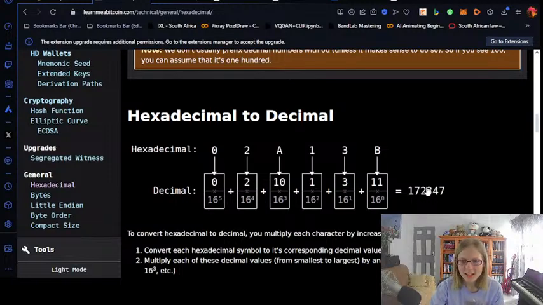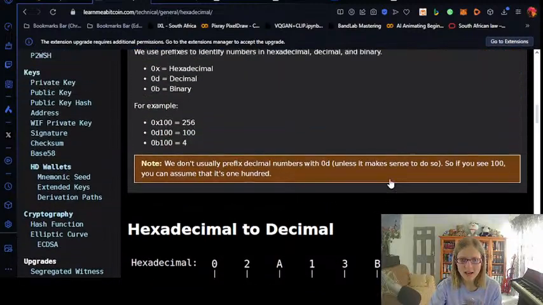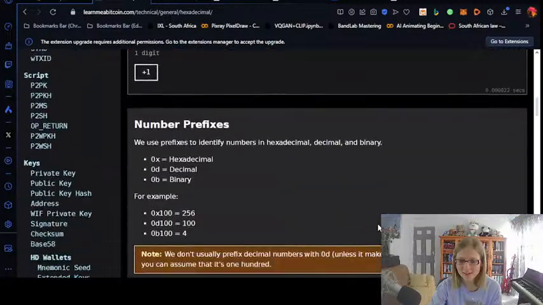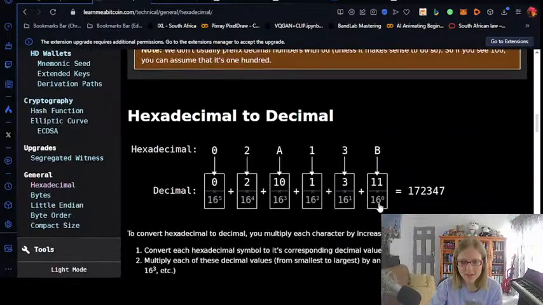Okay, it's a similar thing. Do you see here we will be using 2 to the power of 0, 2 to the power of 1. You can see we actually do the same thing. We would say, because remember B is 11 on our, call it a number line, B is 11. We would say 11 times 16 to the power of 0. Anything to the power of 0 is 1.